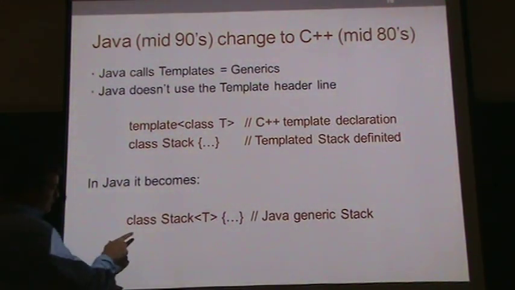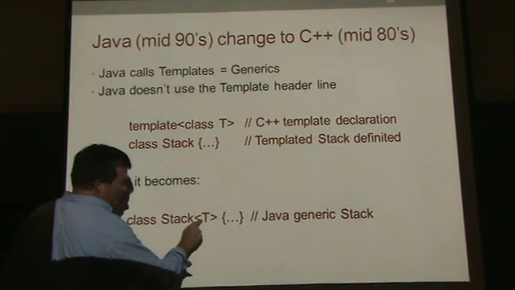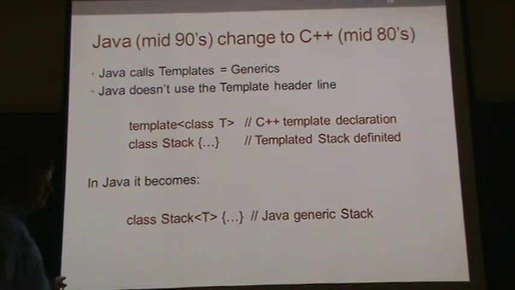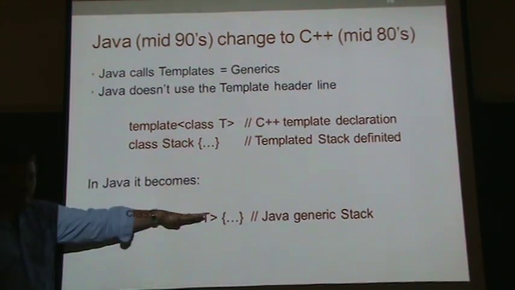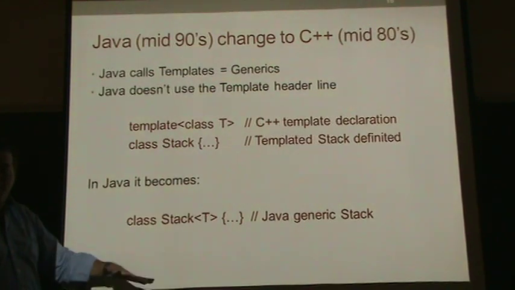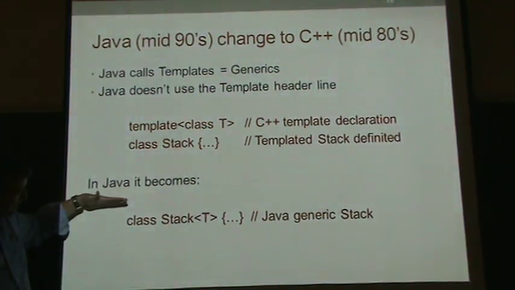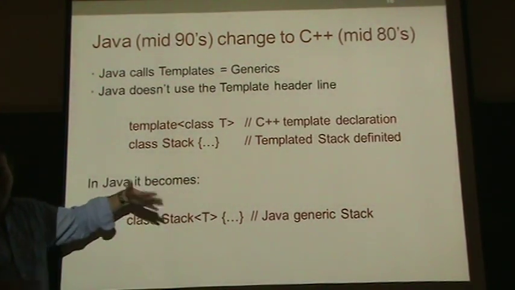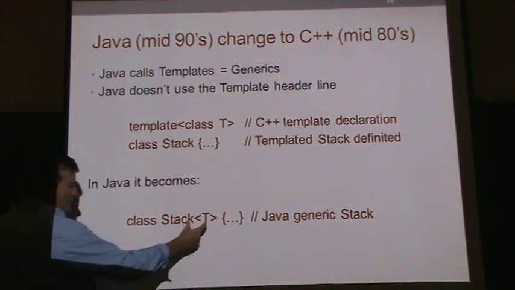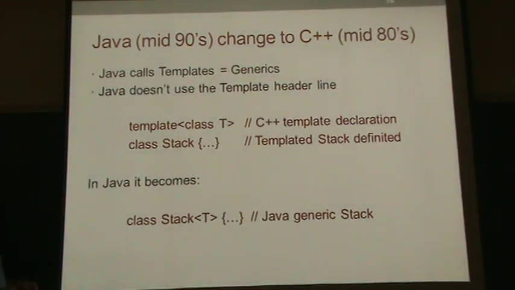The Java equivalent, you would say class Stack, and then immediately say less than, T in the middle, greater than. Right now you know this is going to be a generic. You know the T is going to be peppered somewhere. So I guess Java decided you didn't have to write generic or template on top, because as soon as you see one of these, you know it's what Java calls a generic.